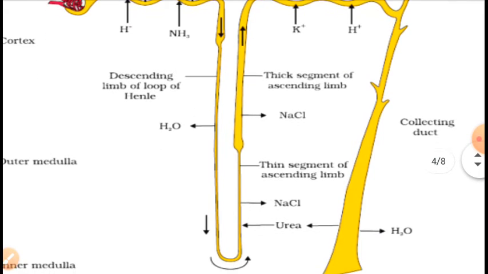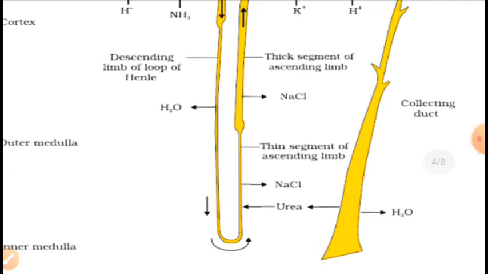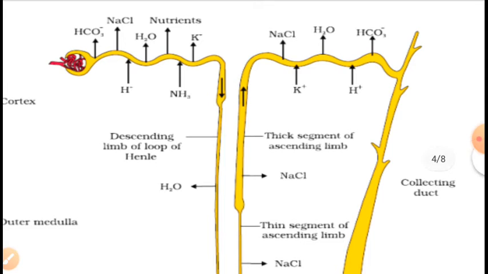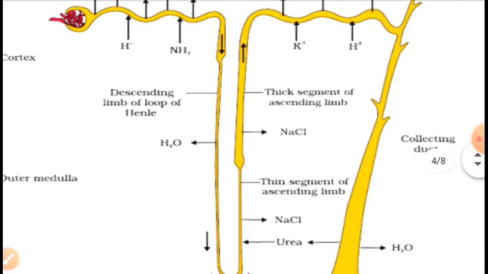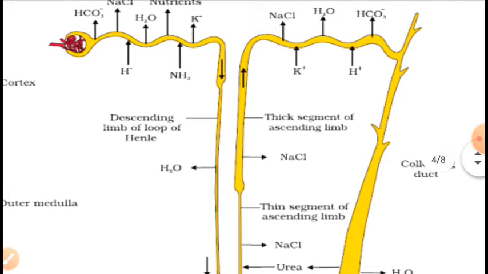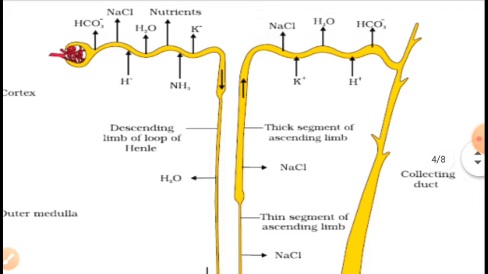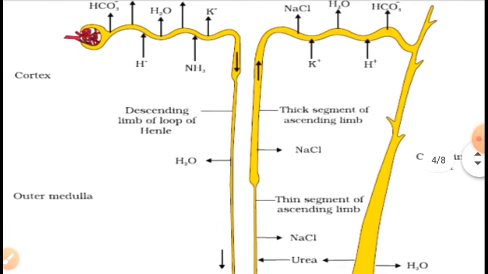Here in this structure, actually part of the nephron we can say, we can see each and every part here, that is glomerulus, Henle's loop, ascending and descending part, then collecting tubule. Here the arrow suggests which substance is actually absorbed or reabsorbed, or which substance is discarded through here.